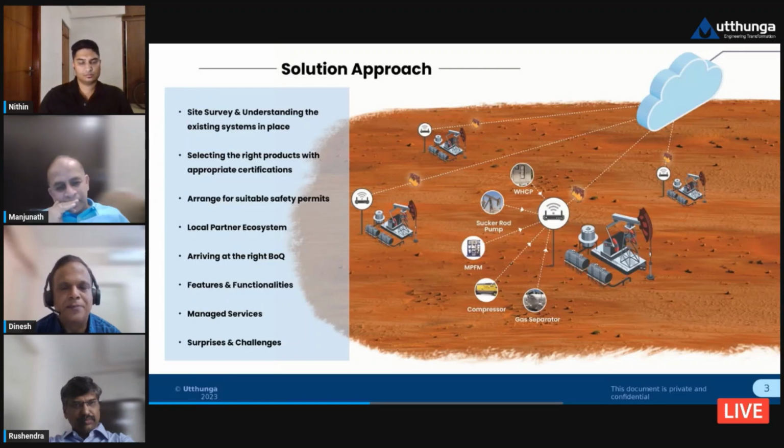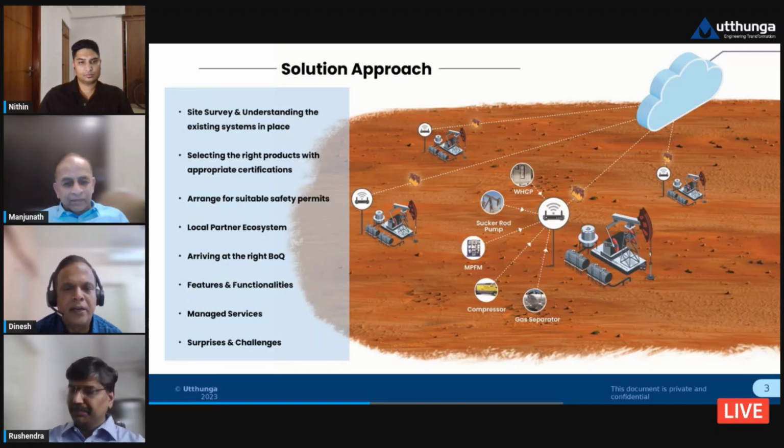So all this drives how we go about putting the solution together, and it needs a lot of engineering. Of course, there is no cookie cutter approach here, where we take something and fix it in. It needs to be perfectly aligned to what is required for that particular field or environment.